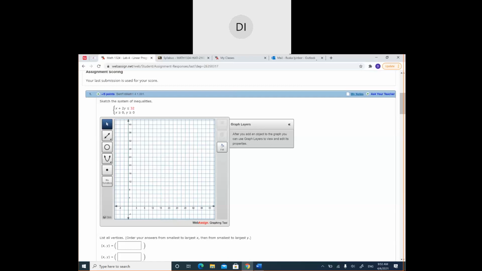So this is what you're doing. When I graph it, we're going to start with graphing the first. You're going to graph it as an equation, x plus 2y equals 32. So when you graph this, it is a straight line, a linear equation, and we have to find 2 points to graph it. So how do you graph it? You're going to pick a number for x and a number for y, and pretty much the best points to pick are 0 for x, and then 0 for y.